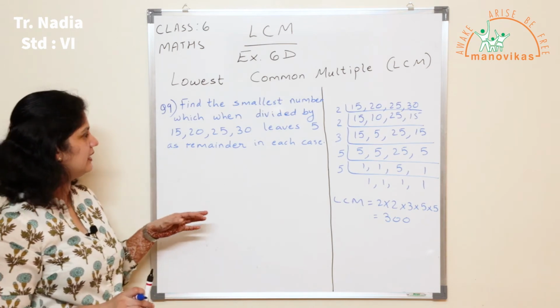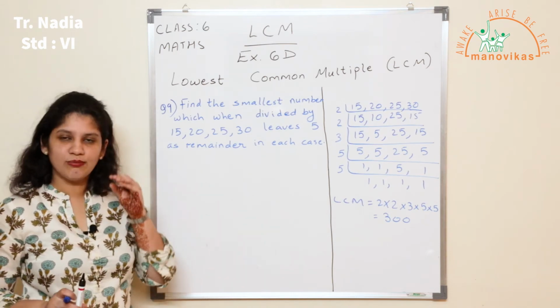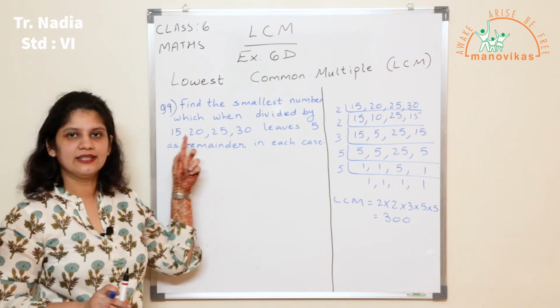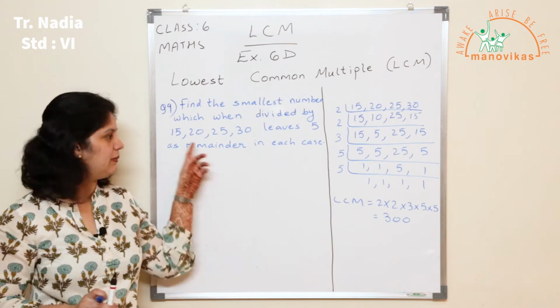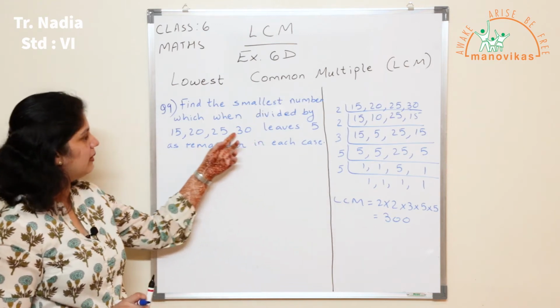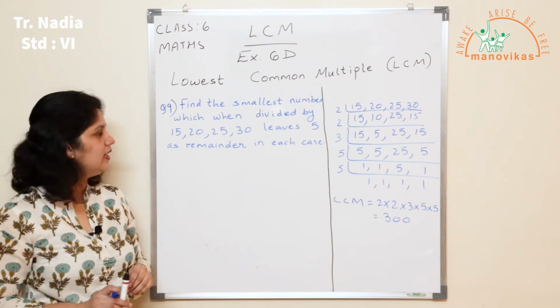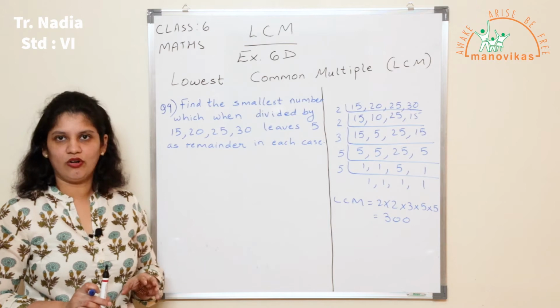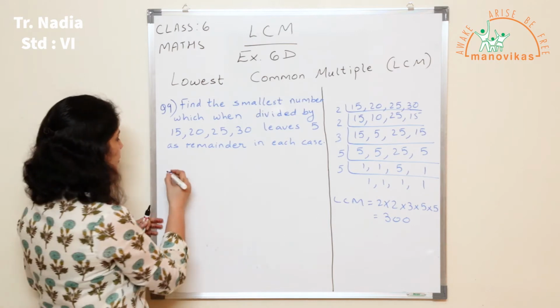Now what does it mean that 300 is the smallest number? It's the smallest common multiple of all these numbers. Therefore, 300 can be divided by all these numbers. Now, I want the remainder 5 every time also. So, what will be my required number?